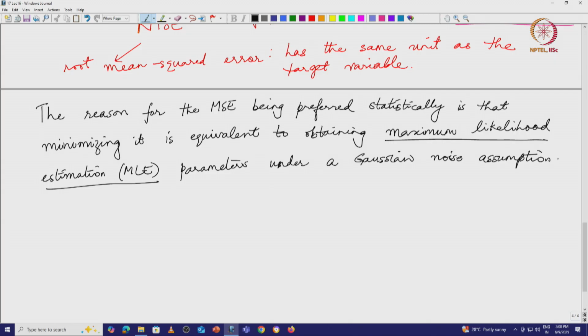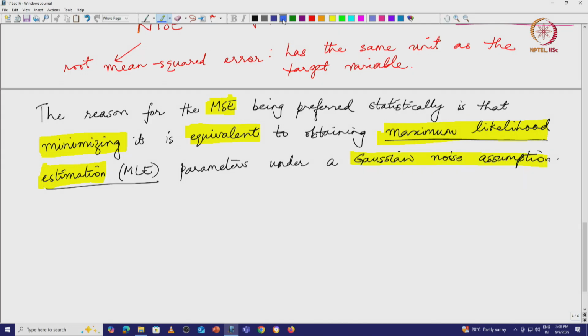Okay. Let us try to understand what this statement means. So, I am saying that minimizing the MSE is equivalent to obtaining the maximum likelihood estimation on the parameters under a Gaussian noise assumption.